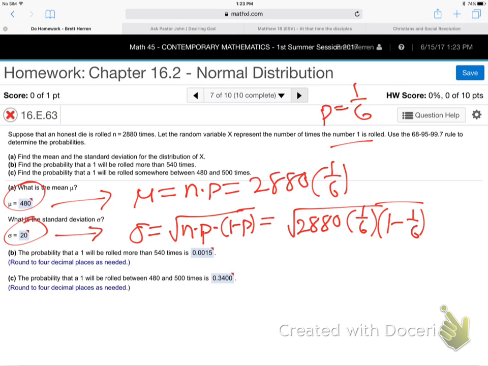Now, can we do B and C? How are we going to do B and C? What am I going to need to do to answer questions B and C?